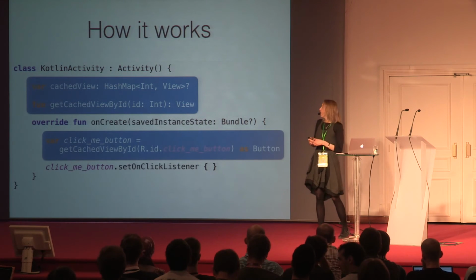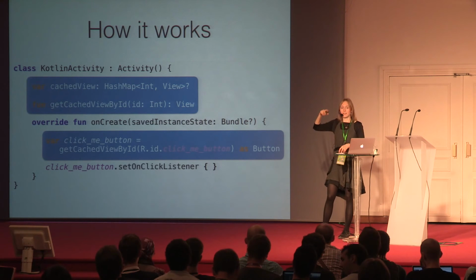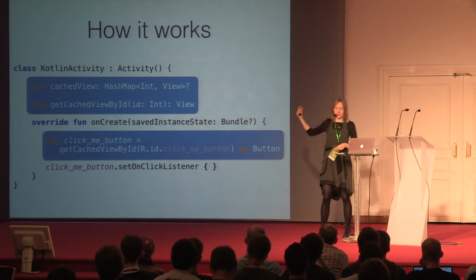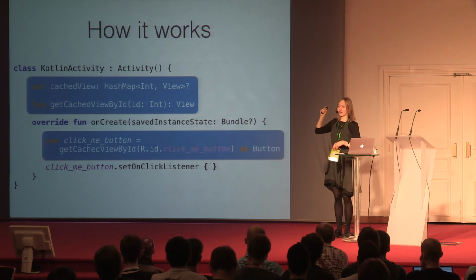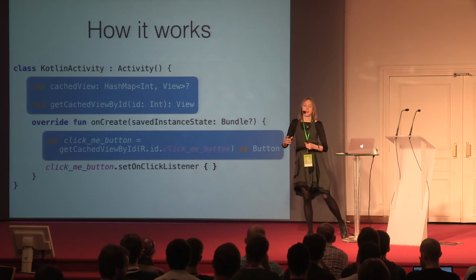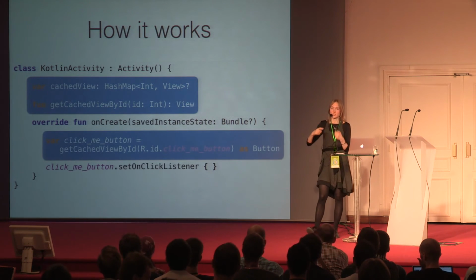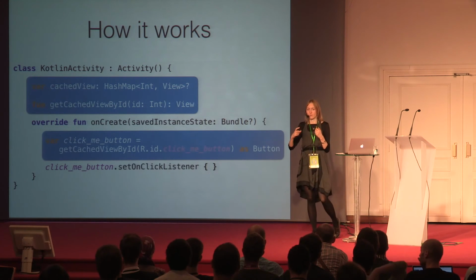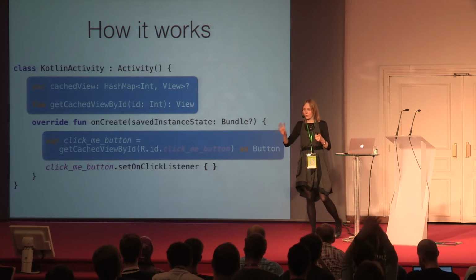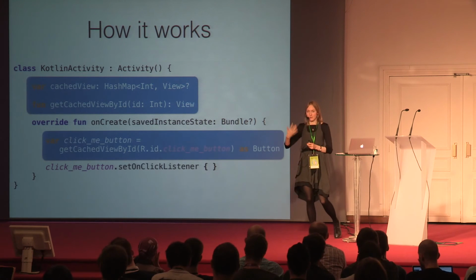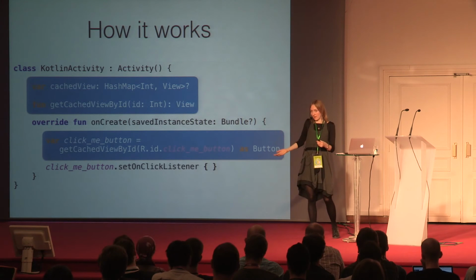To some extent, what is going on here when you use this plugin is this. For every Kotlin activity in your project, a special cache is generated that stores the map from IDs to views. It is nullable, so if you don't use this notation, it's just a null reference.